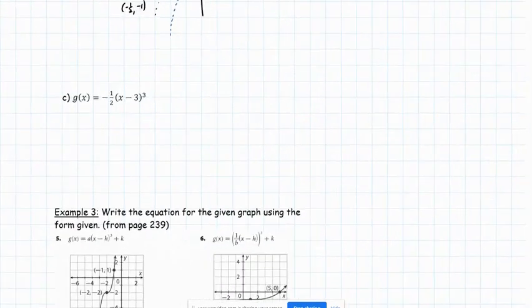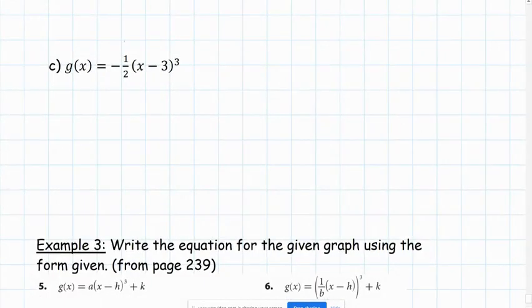For example C, we have a multiplier in front of the parentheses, so that is going to be, in this case, a vertical compression by 1/2, and also a negative sign, which is going to flip the graph upside down. And then the 3 inside is going to move it right 3.